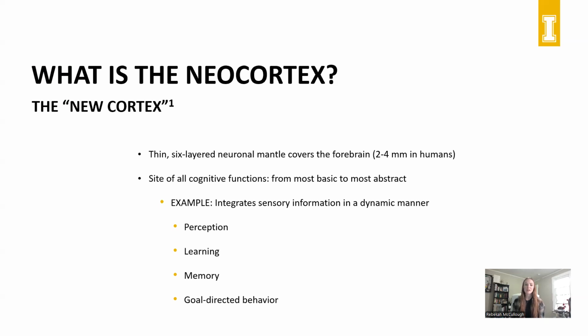An example would be that it integrates sensory information in a dynamic manner, which is critical for perception, learning, memory, and goal-directed behavior. Because it's a layer that covers the entire surface of the brain, it has its hand, if you will, in all of the different cognitive processes.